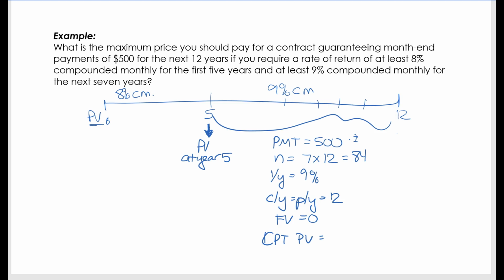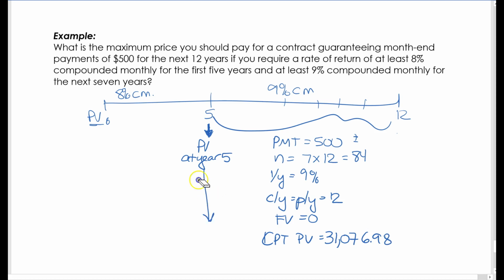Whatever you put in for PY will automatically be put in for CY. Once we get into having different compounding versus payment, you'll have to change that. Second, quit. Future value 0, and compute present value. And you'll get $31,076.98. Okay, so that's the value at year 5.